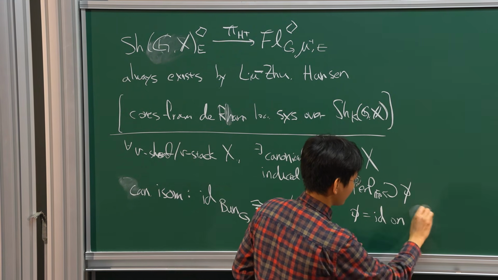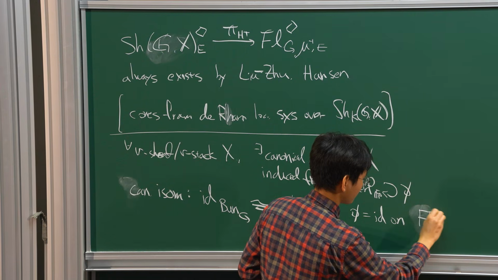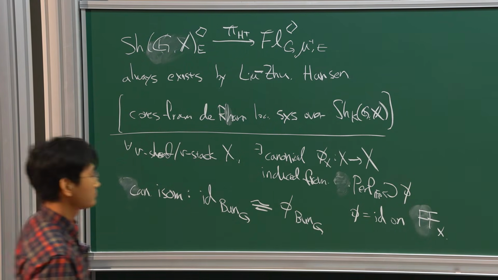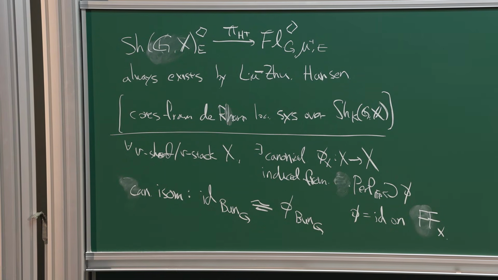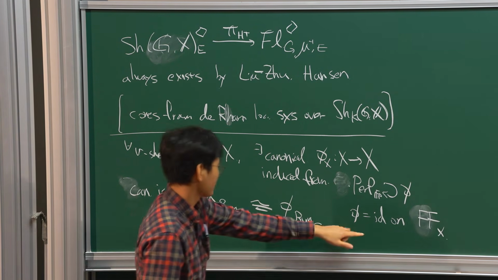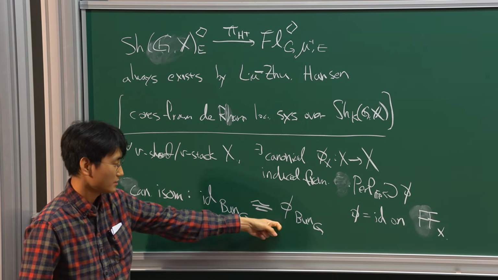I think we've been using this notation, X_FF. So this kind of induces a natural isomorphism between the identity and the Frobenius on Bun_G.